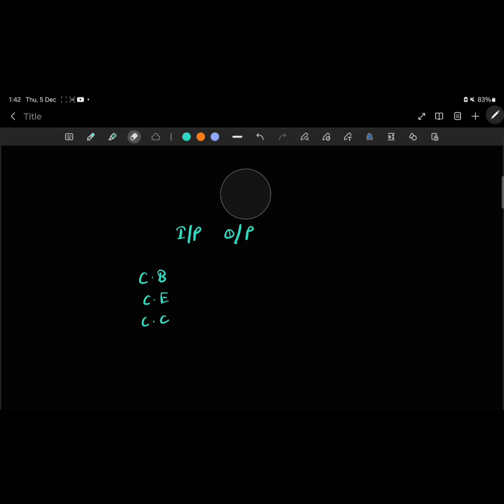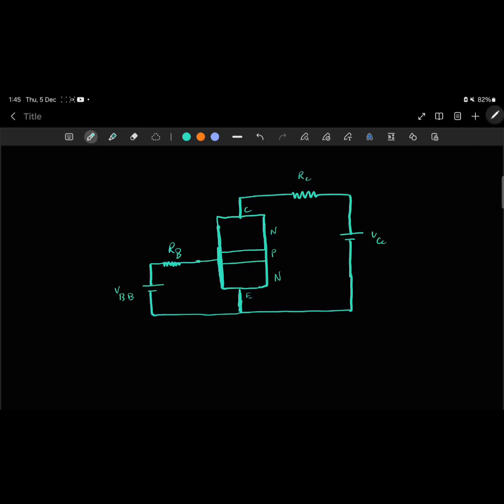Now let's move on to understanding the working of BJT in the active region using common emitter configuration in an NPN transistor. So this here is a circuit diagram of a common emitter configuration in an NPN transistor. For the symbols, for the base and collector supplies, the same subscripts are used twice.